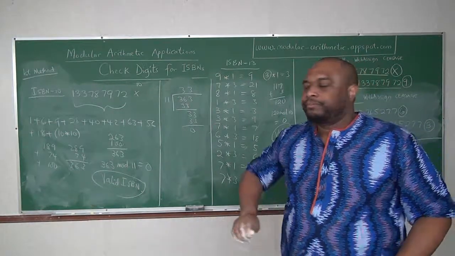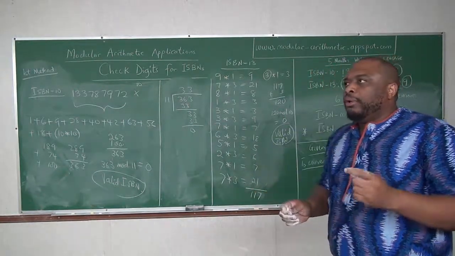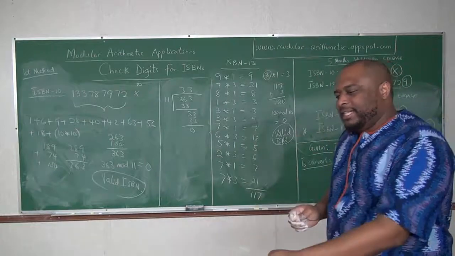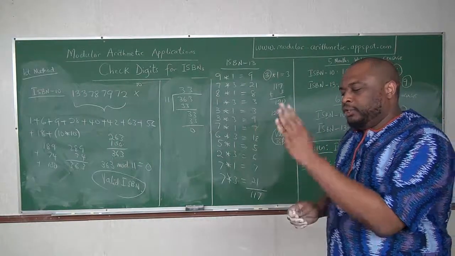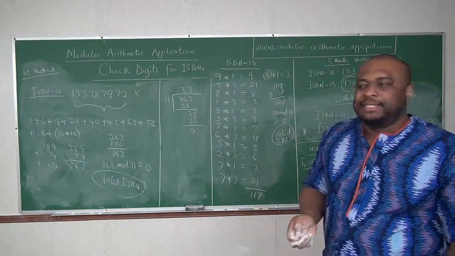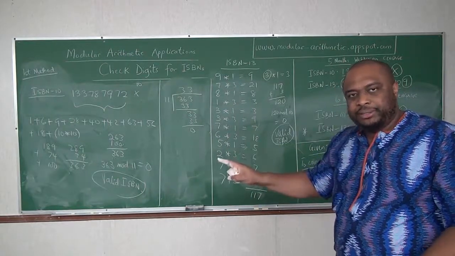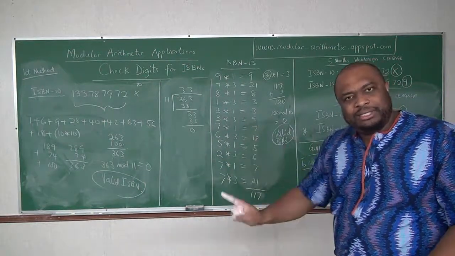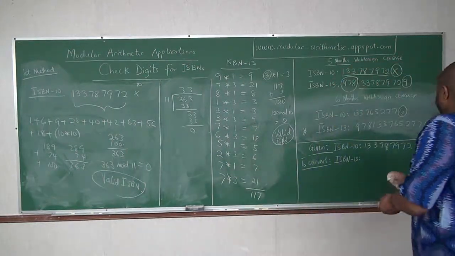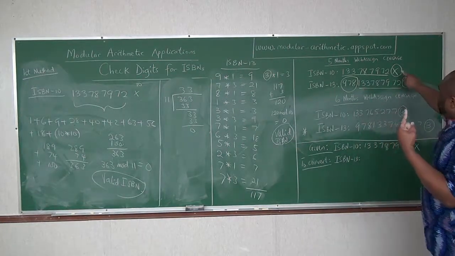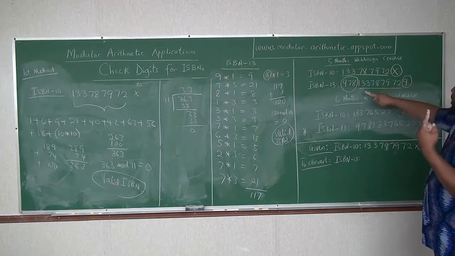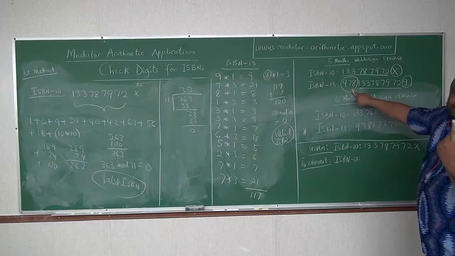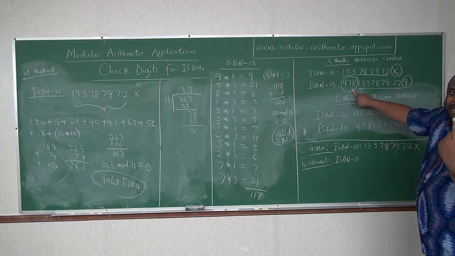So you're given an ISBN-10 to convert to an ISBN-13. Remove that check digit because it's different modulo. Then you remove the check digit, X is gone, and you append the 978.